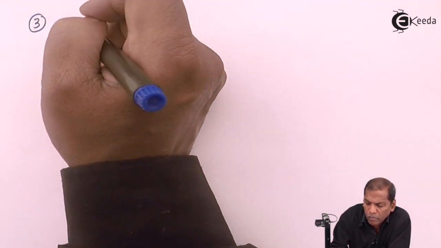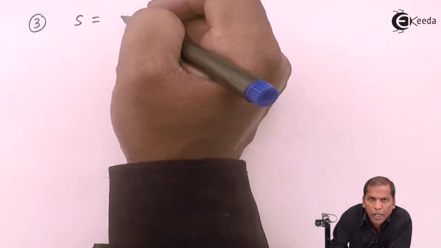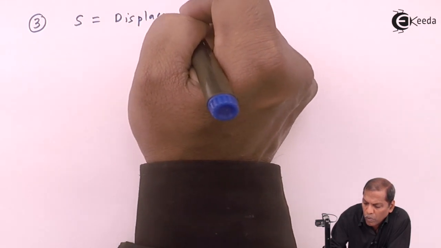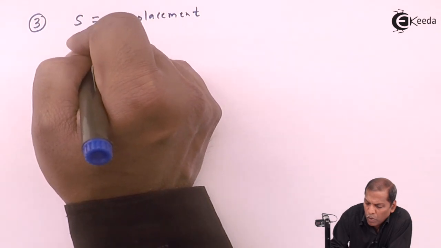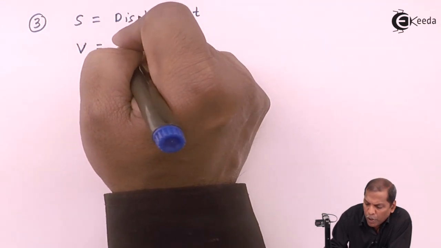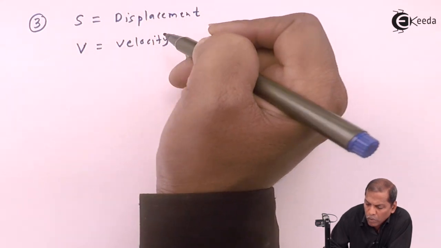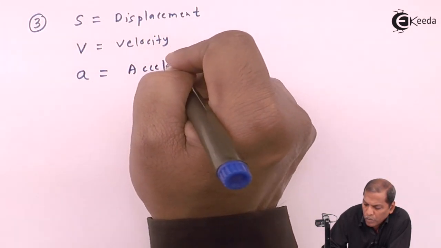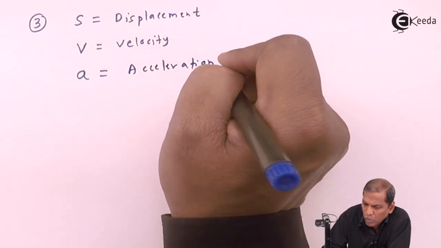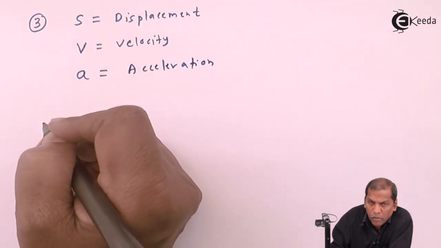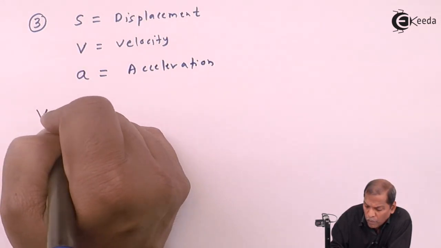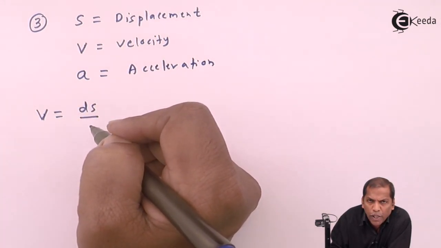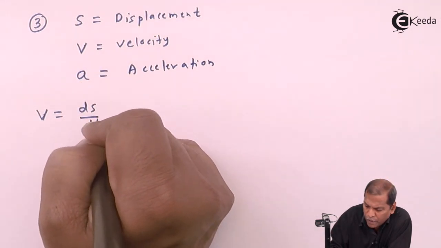Number 3, now here S represents displacement, V represents velocity, A represents acceleration, then velocity V is equal to rate of change of displacement, that is ds upon dt.